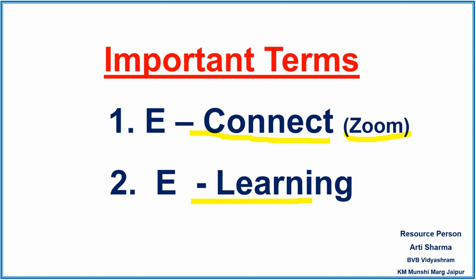Maybe you want to share your subject book PDF, because nowadays books are not available, so we need to give e-books to the students. That e-book can be shared with the students with the help of e-learning. And when you take the live class, that live class will be taken by eConnect.